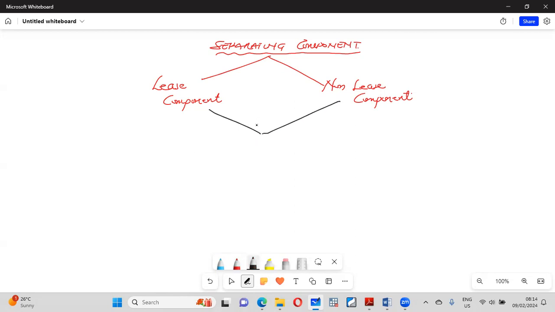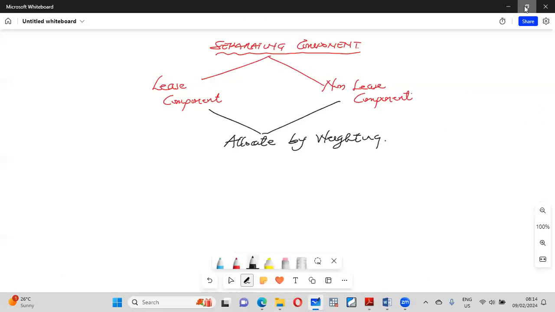You allocate to the lease component and to the non-lease component by weighting. Okay. So that is basically what you do here. It looks simple, but a question would do. Let's just take a question and walk through that.